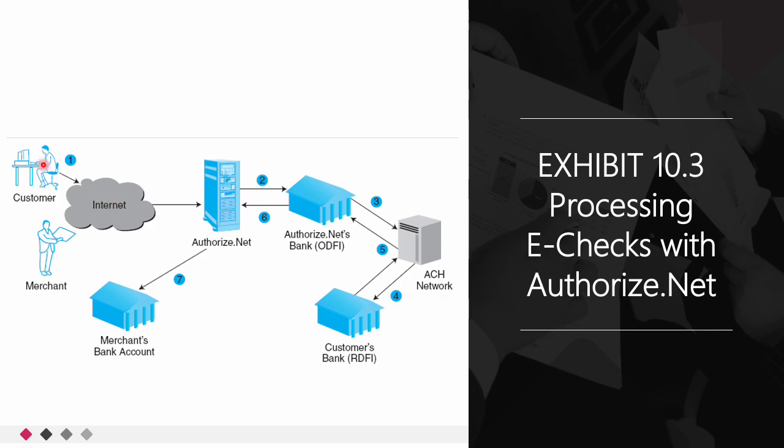First, you, the customer, submit your payment information through the internet to the merchant, right? And the merchant will send this payment request to Authorize.Net, which is basically a middleman company that handles online payment processing.